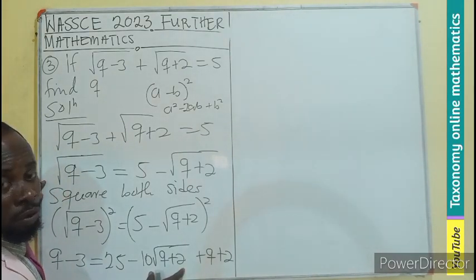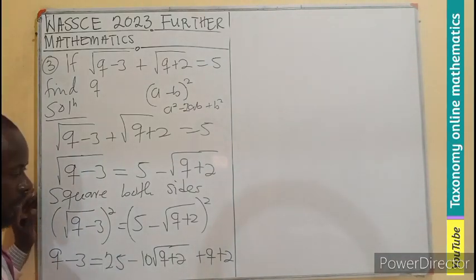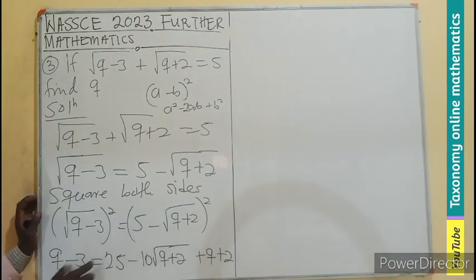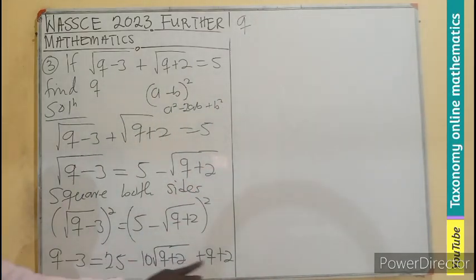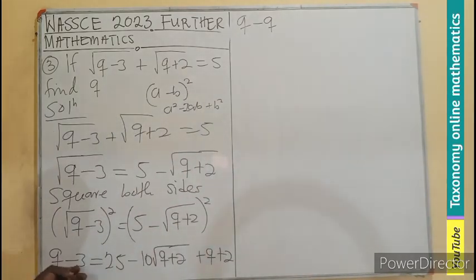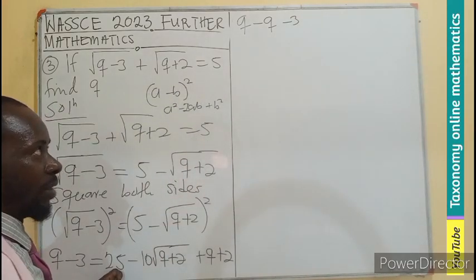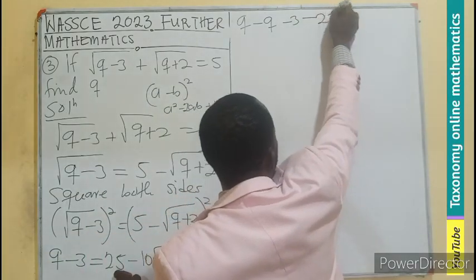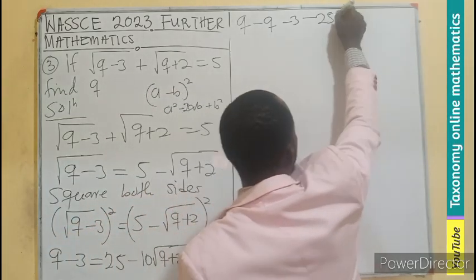We are still having the root, so we can maintain the root, then deal with all other terms. We can send all these things to come to the left, including the 25. So I'll be having the q, which is already here, this q is coming as minus q, then we already have minus 3, 25 is coming to become negative 25, then the positive 2 also comes to become negative 2.